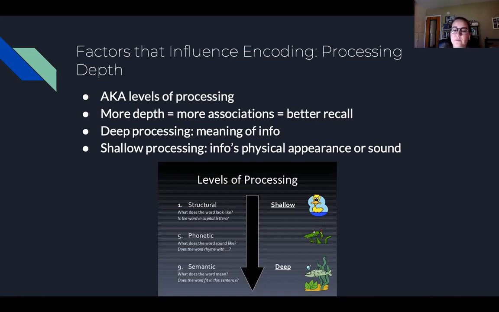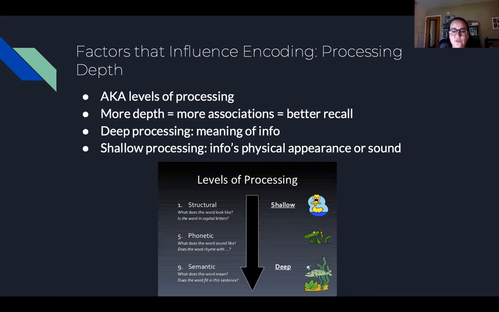Here with a levels of processing model, the idea is that how deeply an item is processed is related to how likely someone will successfully encode that information. So essentially, an increase in depth at the processing stage will lead to an increased number and kinds of associations between whatever objects, items, events, ideas you are trying to remember.